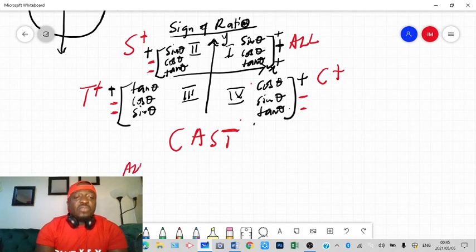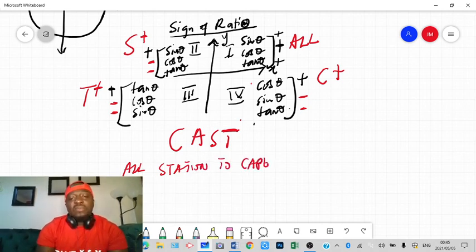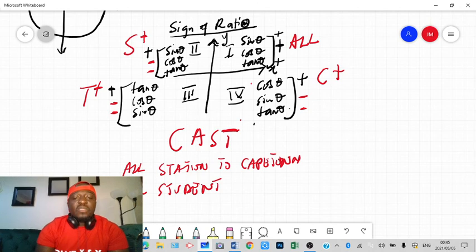or if you don't remember, you live here in Cape Town, you can say All Station to Cape Town. If you are not in this province, you're in a different province, you can say All Students Take Commerce.